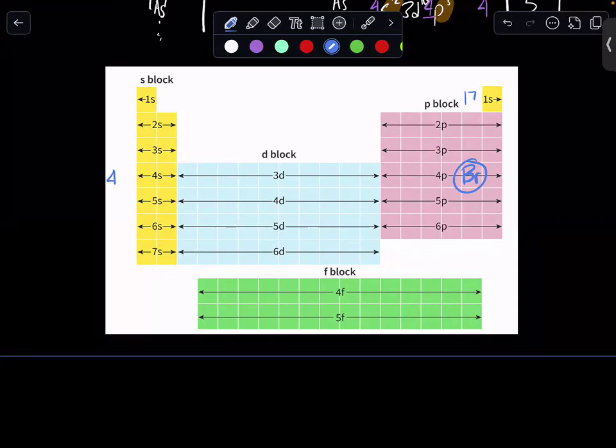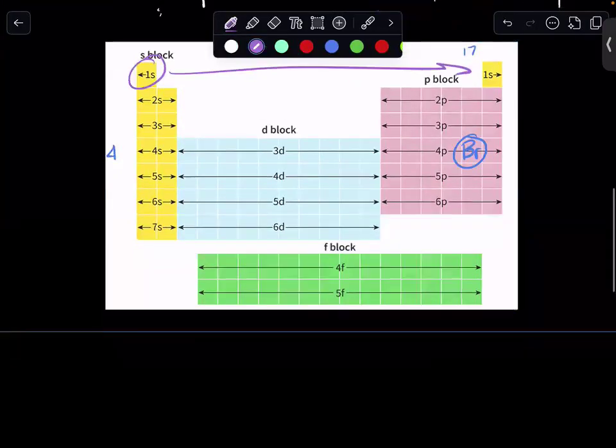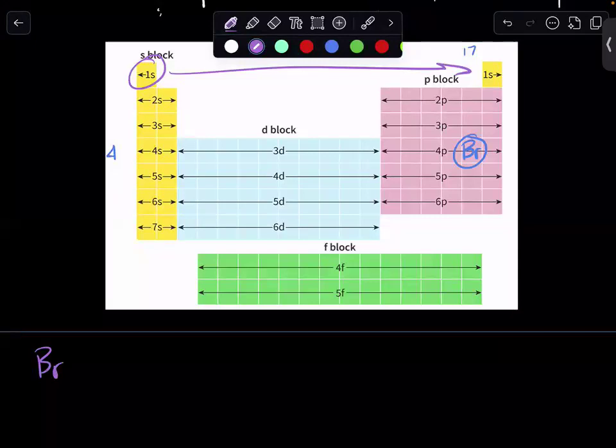So as we go through these electron configurations, there's two methods. So we're going to start with the long method. We start at the top and work our way left to right like we're reading a book. So for bromine, we have 1s1, 1s2. So we're going to write 1s2. Then we finish that, we'll drop down.